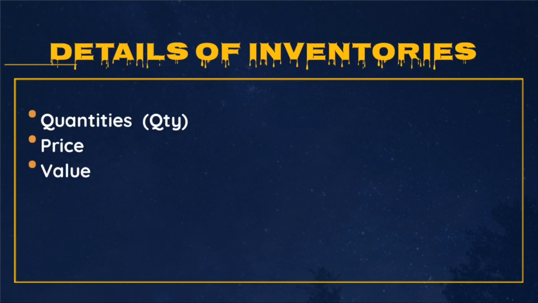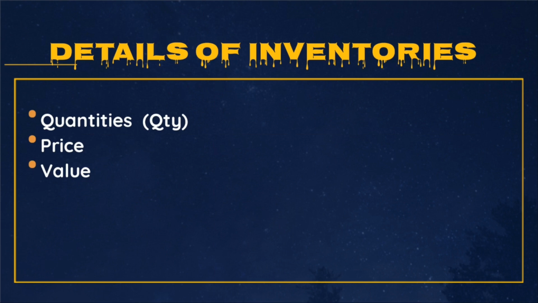For every inventory either being received or issued out, the following details are to be recorded in the inventory account, and this includes the quantity, that is how many items are received into the store, at what price the items are purchased, and what the value is, that is the amount of the total items.